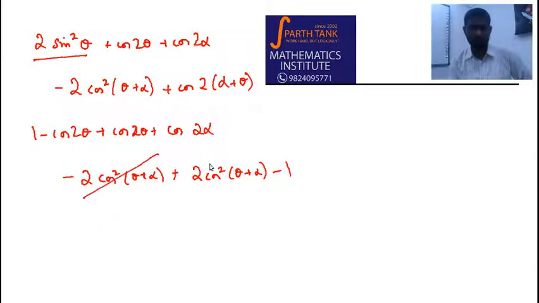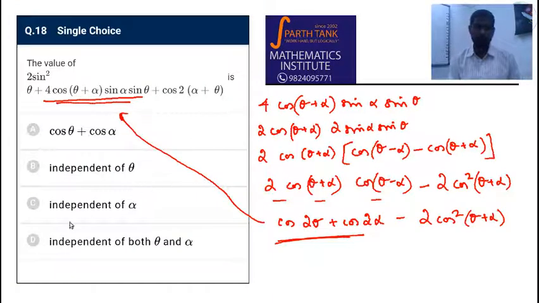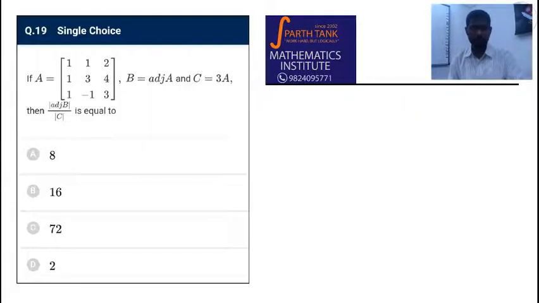So we will cancel these two, and then you also cancel these two, and then 1 and minus 1 are also gone. So the only thing that remains here is cos 2 alpha. So it is only a function of alpha, so it is independent of theta but dependent on alpha. So question 18, option B is the right answer.